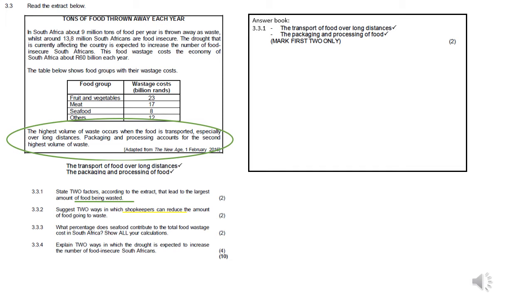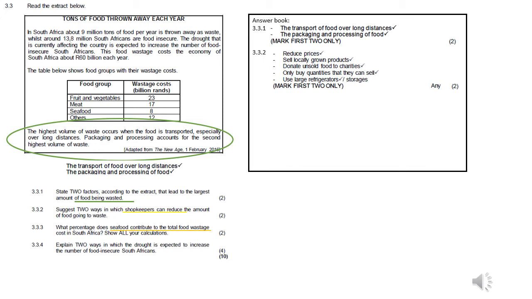Shopkeepers can reduce food waste by reducing prices to sell more, or selling locally grown products, thereby avoiding those long transport issues. Donate unsold food to charities so that it doesn't go to waste. Only buy quantities that they can sell so they don't have anything left over which goes to waste. Or use large refrigerators and storages to keep the food for longer and keep it from going to waste.